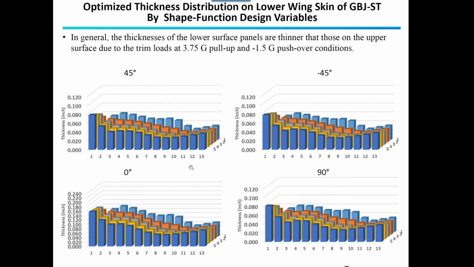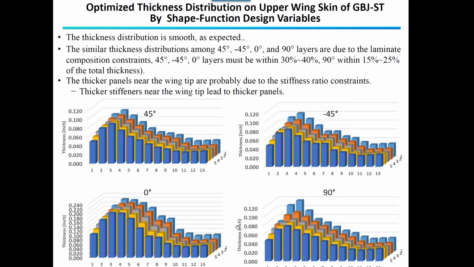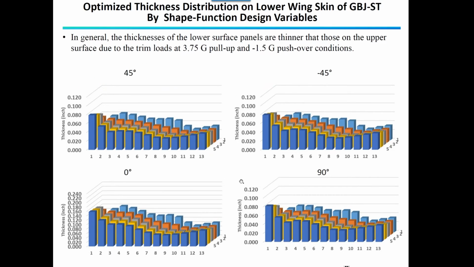This is because the buckling constraint on the upper skin is due to the compression loads from the 3 and 3.75 G pull-up condition, and the skin buckling constraint on the wing lower skin is due to the compression from the 1.5 G pushover condition. So the compression load is less than on the upper skin. Therefore, the thickness is thinner than the upper skin.